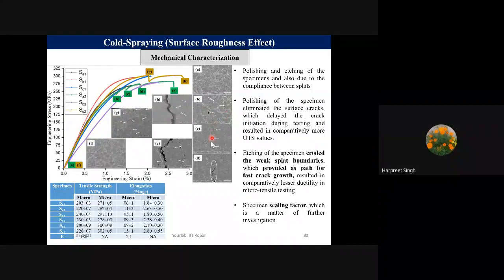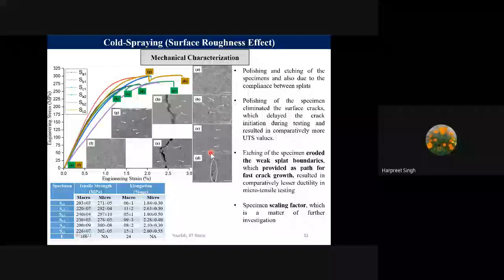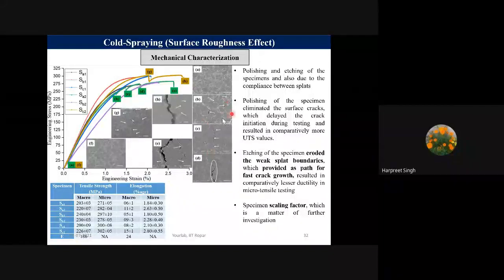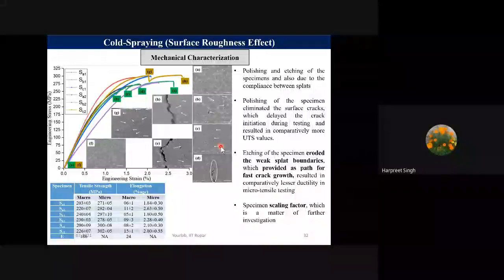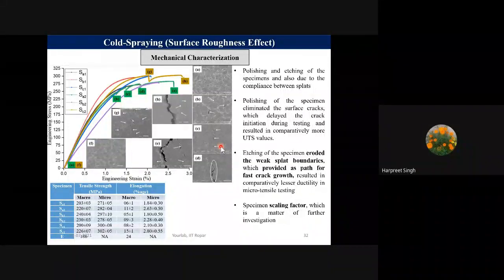Again, it depends on how much time you spend on this aspect to explain how these cracks are moving. So basically, these cracks have developed at the junctions of multiple splat boundaries, and then they grow and so on. Again, a beautiful use of SEM here.